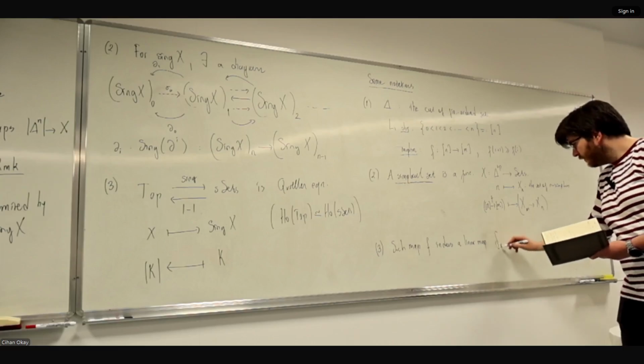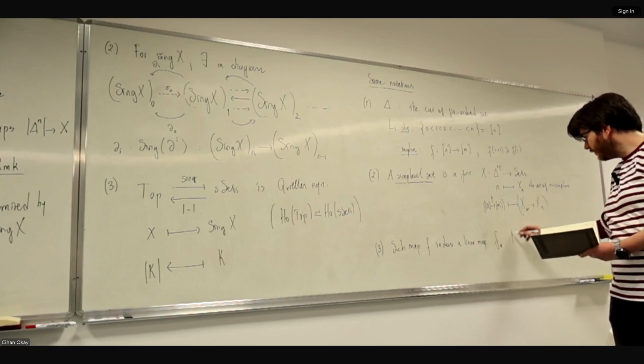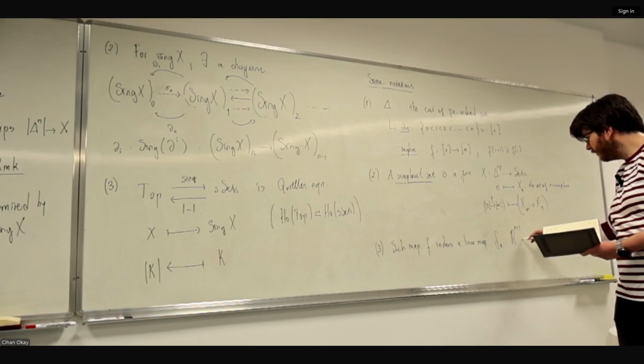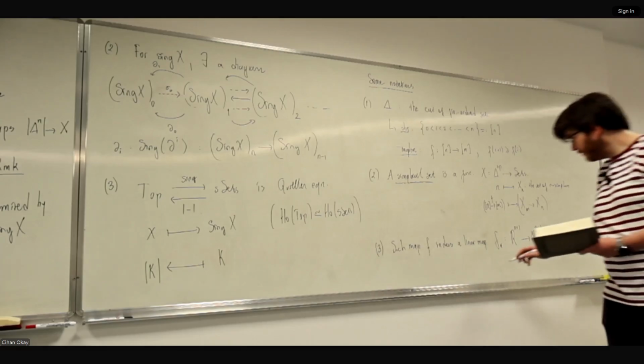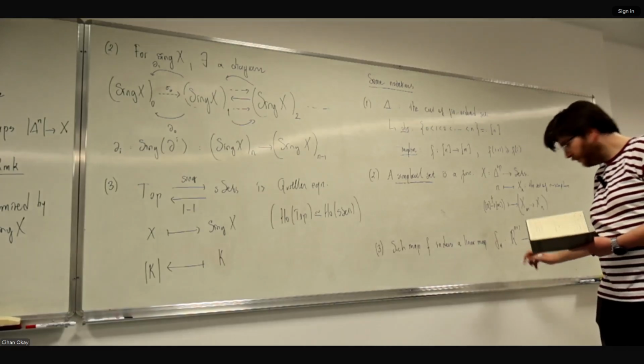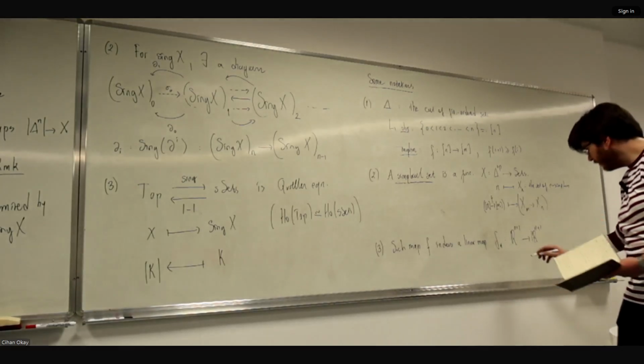So F star, let's say something like this, from R^(n+1) to R^(n+1). And the definition of this map is given like this.